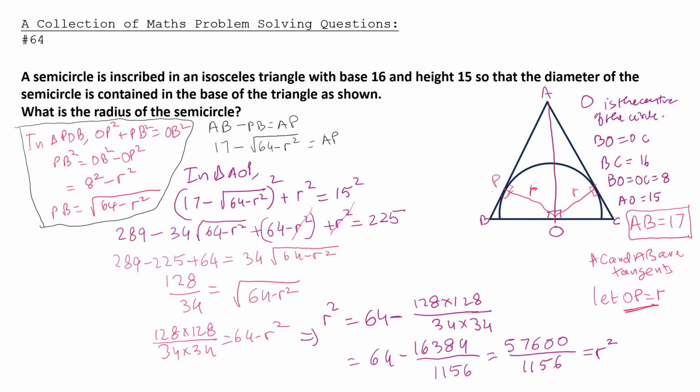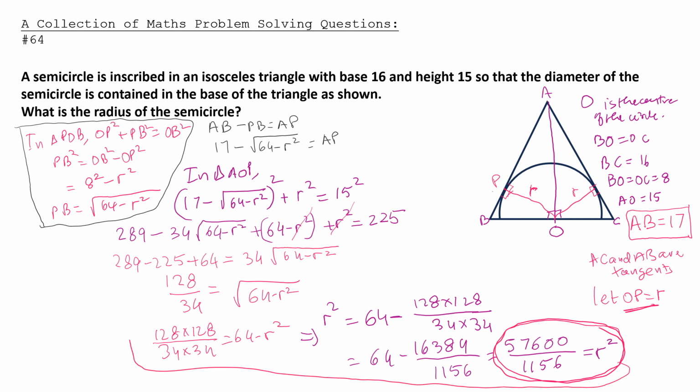So if I do the square root, r would be the square root of 57600 divided by 1156.